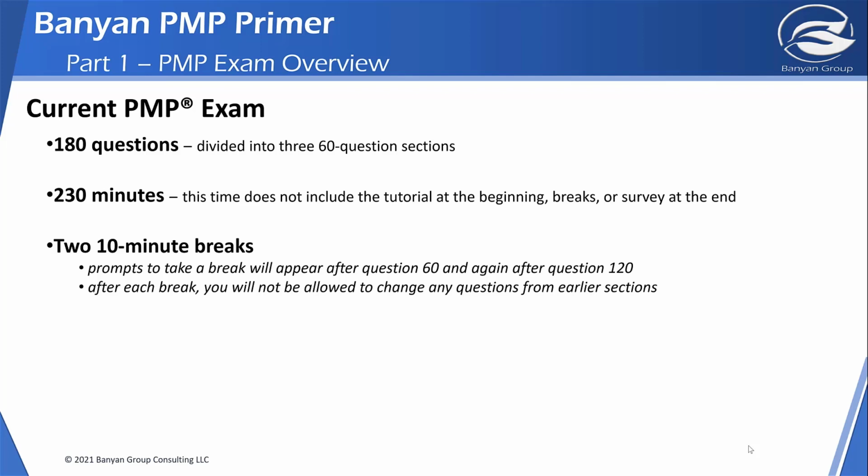When COVID happened and all the testing centers closed down, then they had to present an at-home option. And this is approximately a 4-hour exam, so they can't expect people sitting at home to not take a break during that 4 hours. So they've instituted 2 breaks during the exam.